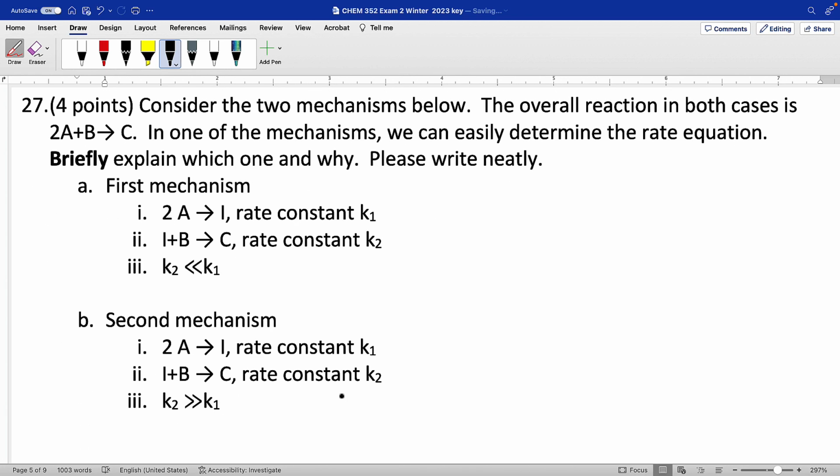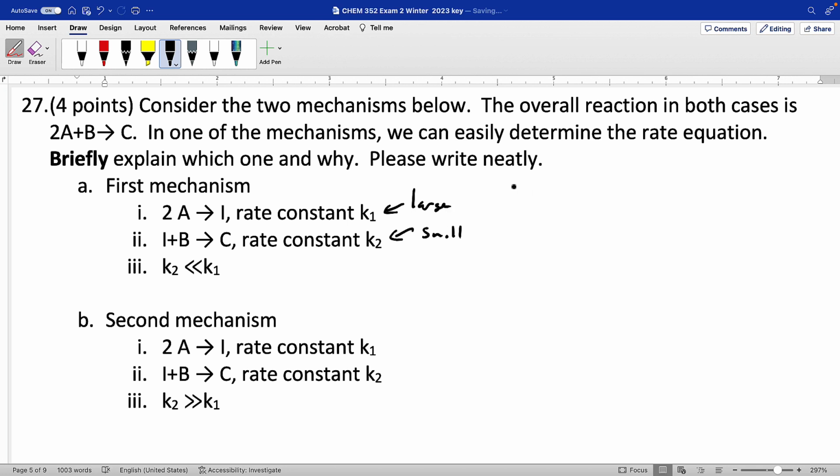All right, number 27. Looking at this, we've got two reactions. In one case, the second step has a small rate constant, and the first one has a large rate constant.